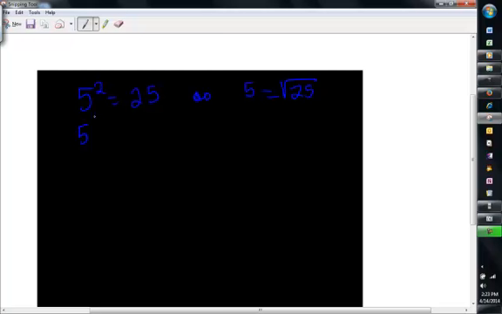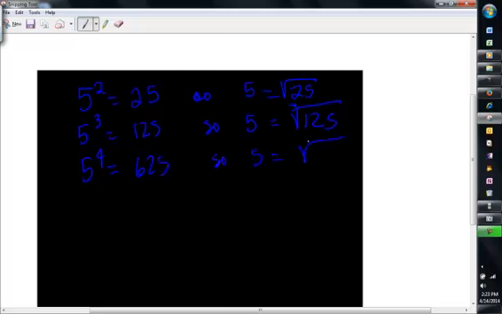And 5 cubed is 125, so 5 is the cube root of 125. 5 to the 4th is 625, so 5 is the 4th root of 625.